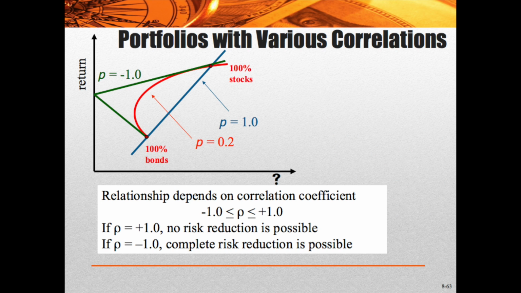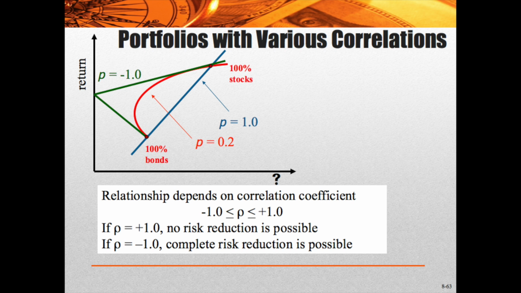Typically, people throw about 60% stocks and 40% bonds into a portfolio, and the reason they do is to smooth out the returns over time. If we looked at the portfolios with various correlations, we have 3 lines to look at. The green line is perfectly negatively correlated.